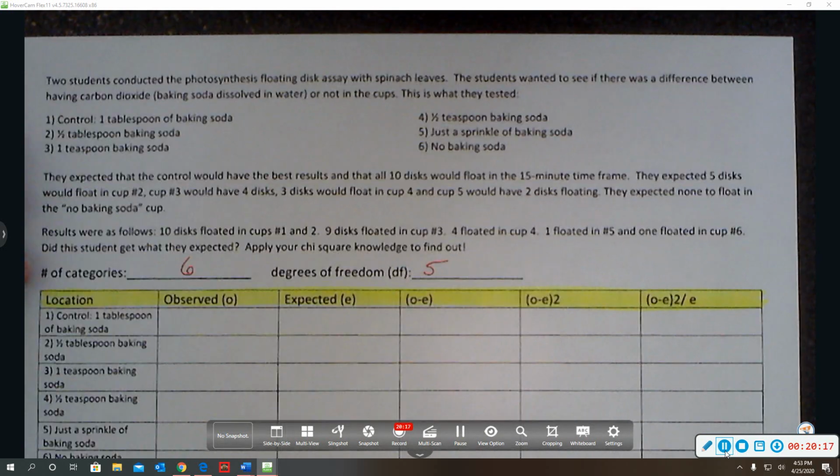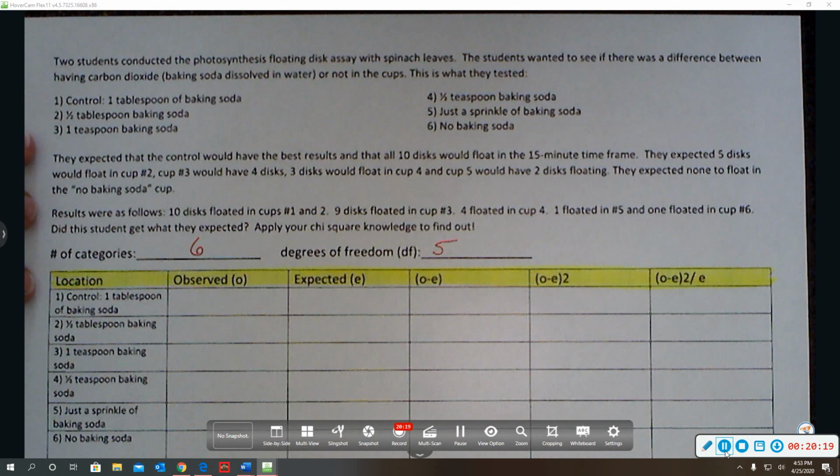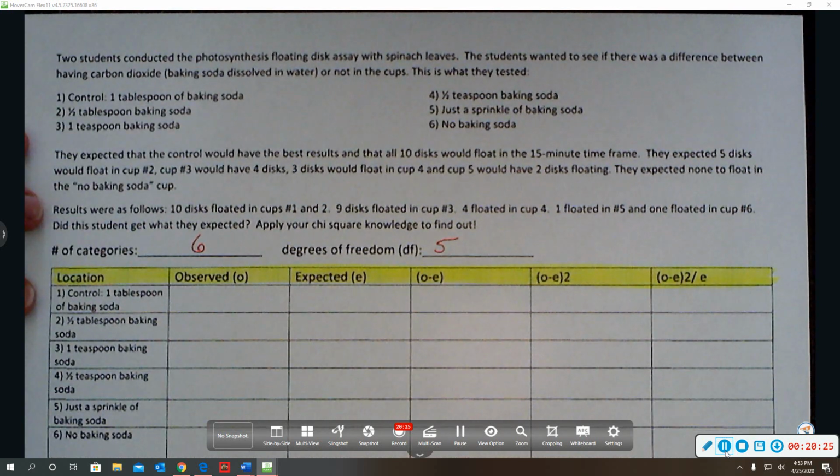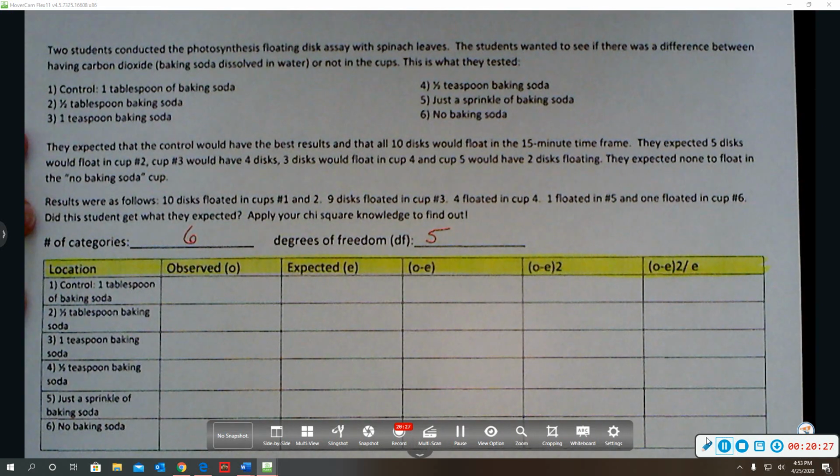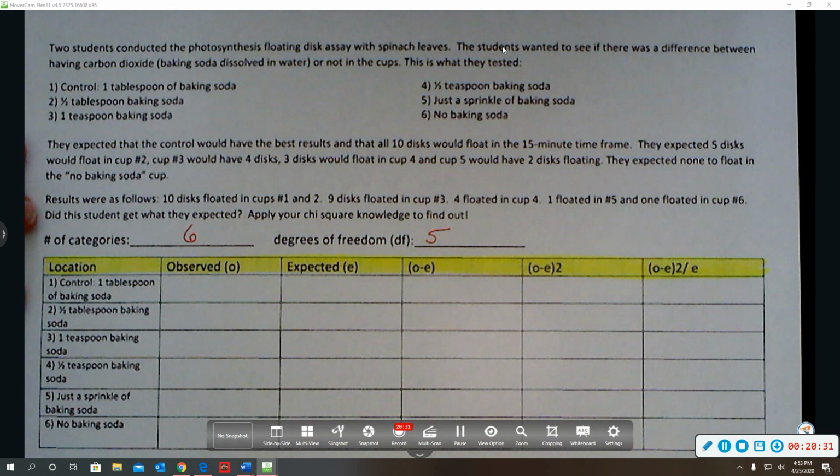This is a nice big problem, but it's just like one we actually did this year. It's the photosynthesis floating disk assay lab. All right, 2 students conducted the photosynthesis floating disk assay with spinach leaves. The students wanted to see if there was a difference between having carbon dioxide, aka baking soda, dissolved in the water, or not in the cups.